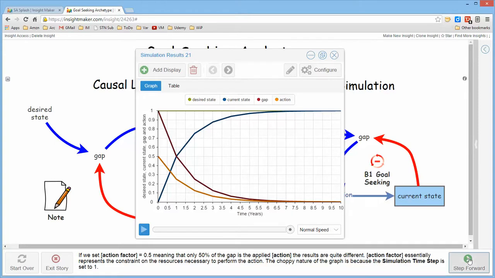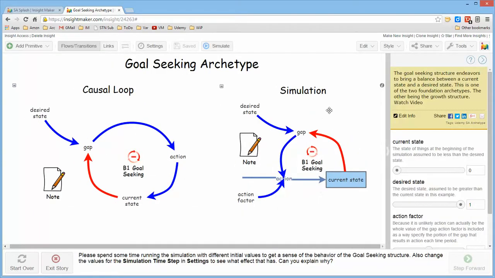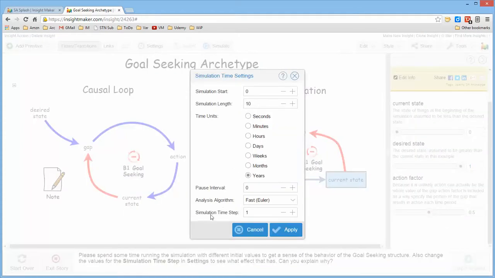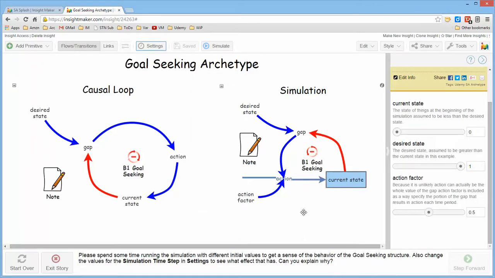And when you experiment with this, which I encourage you to do, go ahead and go to the model and change the values of the current state, the desired state, and the action factor. And also you can change the simulation time step from 1 to 0.5 to 0.25 and see what kind of an influence that has on the resultant graph.